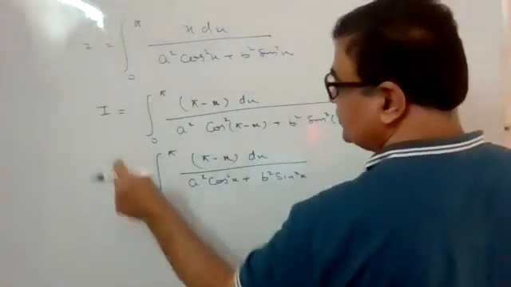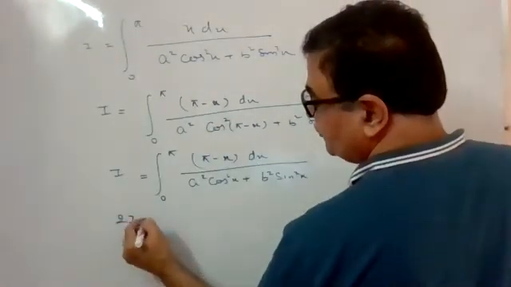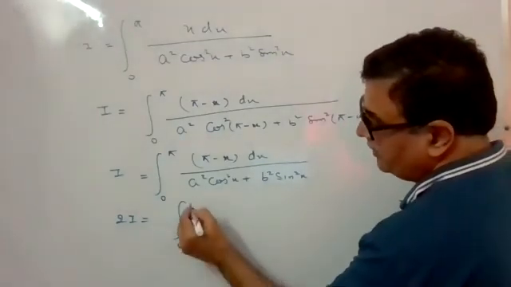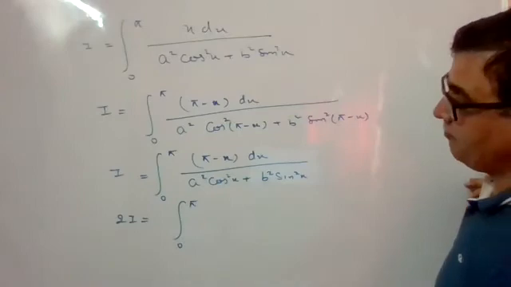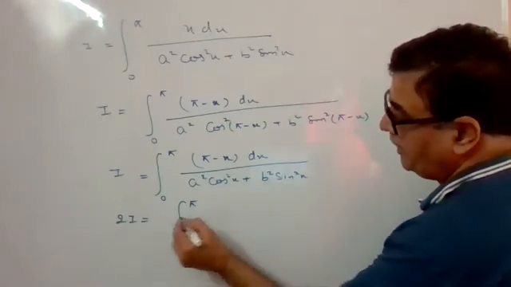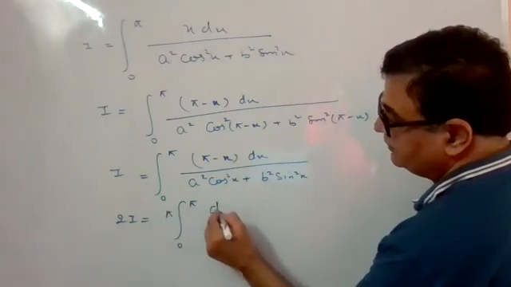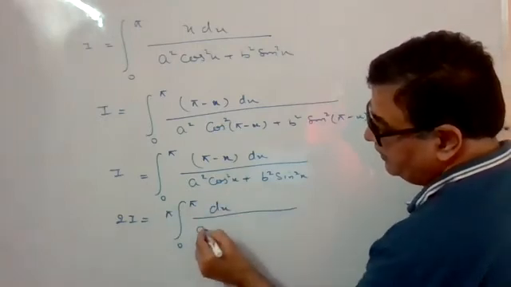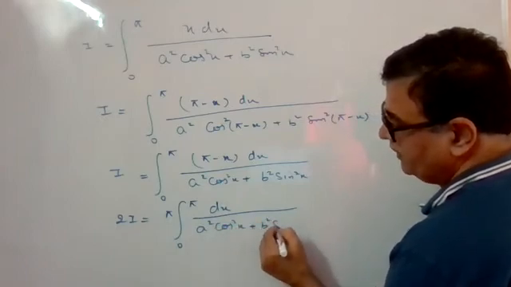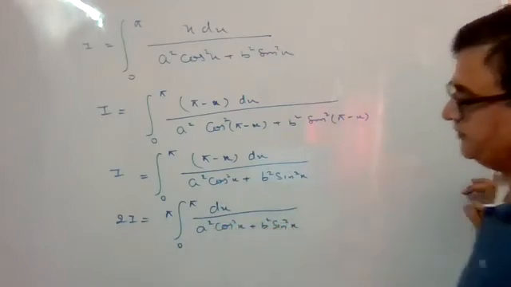Now when you add these two, it will come 2I, the integration from 0 to pi. When you add them, x and minus x cancel out, and left is only pi, dx over a square cos square x plus b square sin square x.